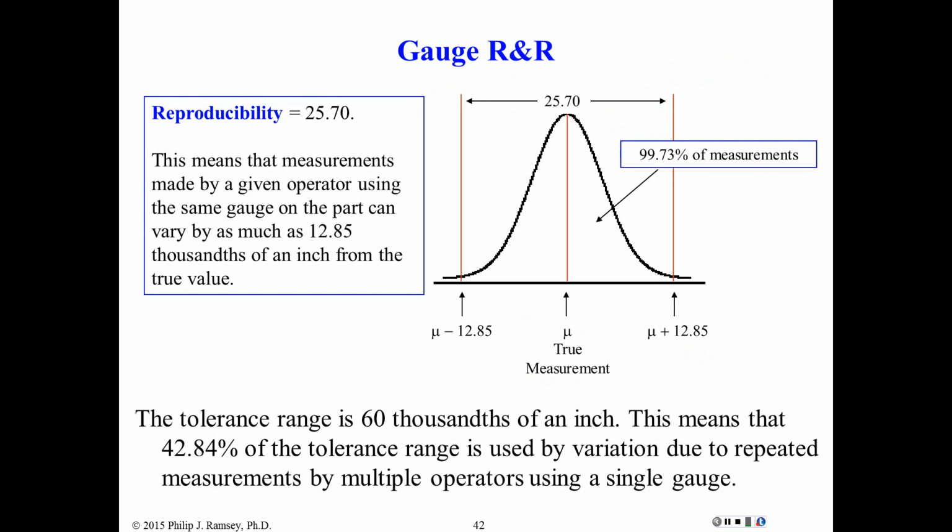Reproducibility, okay, was the variation that occurred by multiple operators or appraisers measuring the same part with the same gauge. And notice this variation amounts to a total of almost 26 thousandths.